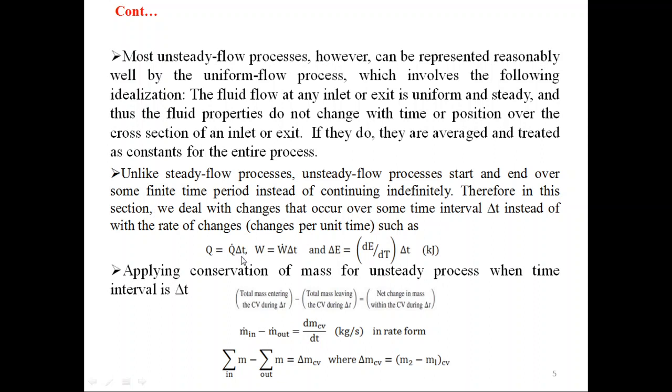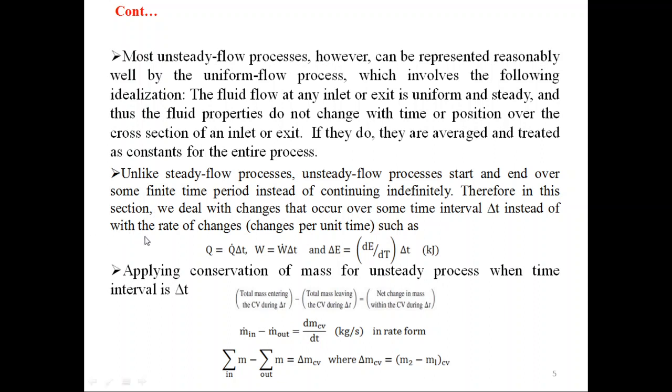It means that if Q over dot has a value of 10 joule per second, and we want to find the amount of heat transfer after 50 seconds, the value comes out to be 10 into 50, that is 500 joule.